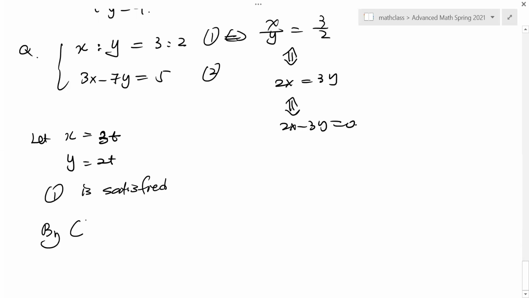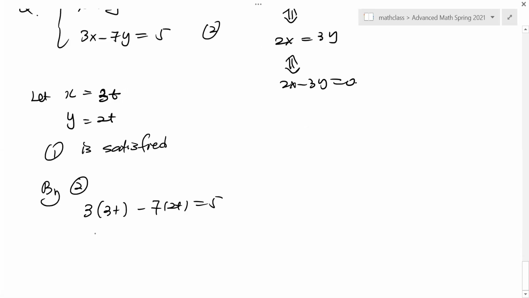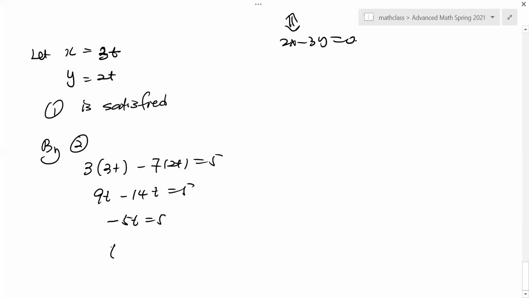Then by the second equation, you get 3 times 3t minus 7 times 2t equals 5. Let's determine the variable t. So it's 9t minus 14t equals 5. It's negative 5t equals 5. All right, t is going to be negative 1.